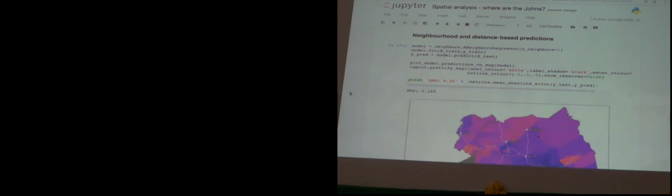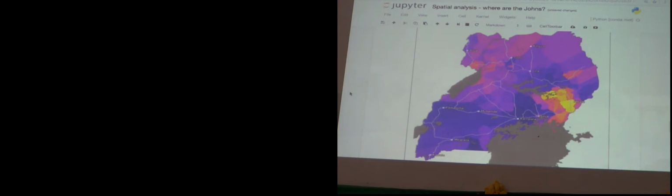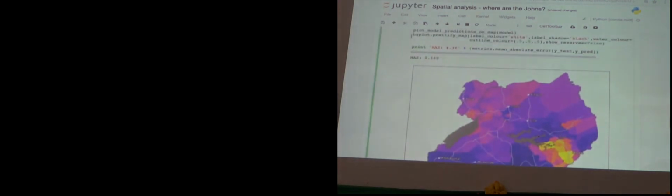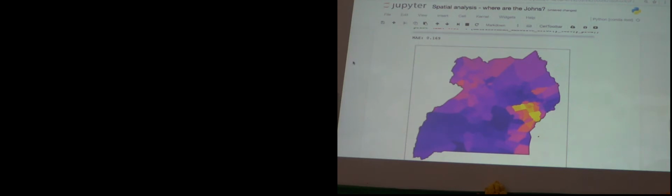And I'm going to do not just the prediction and calculate the mean absolute error, but also show what the predictions would have been across the map, because that gives us some really useful insight into what our model is modeling and what kind of things it predicts around the place. So here's that prediction. Maybe I'll turn off the other stuff a moment so you can see what's going on.